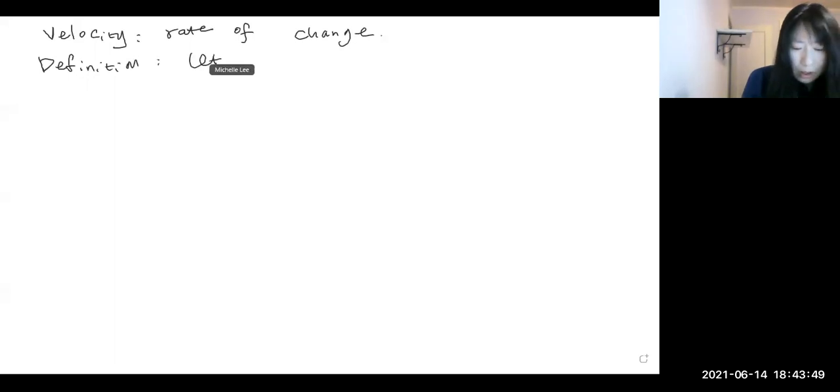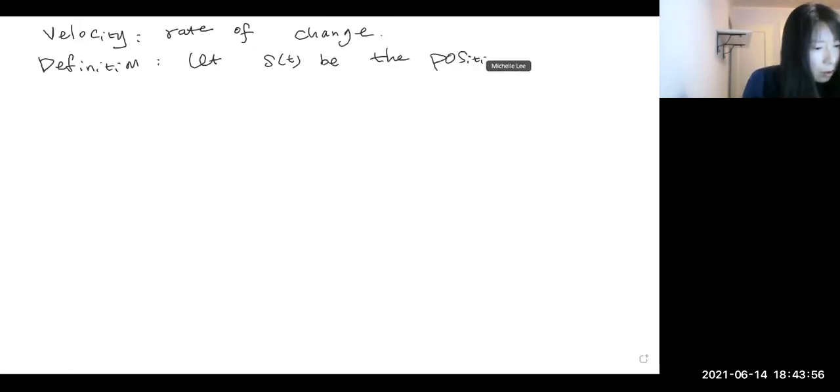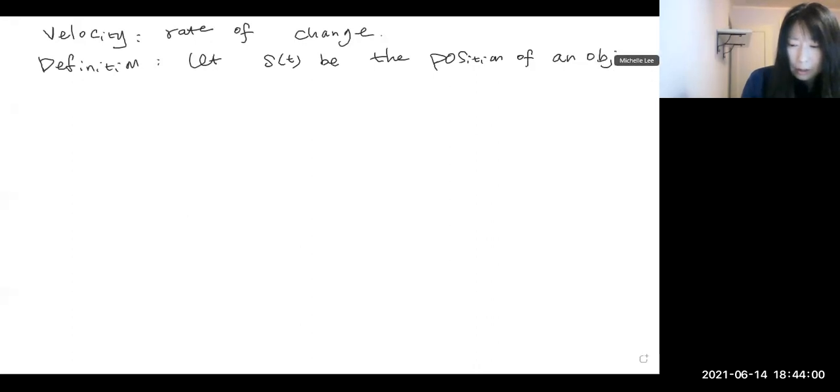Let S of t be the position of an object moving.